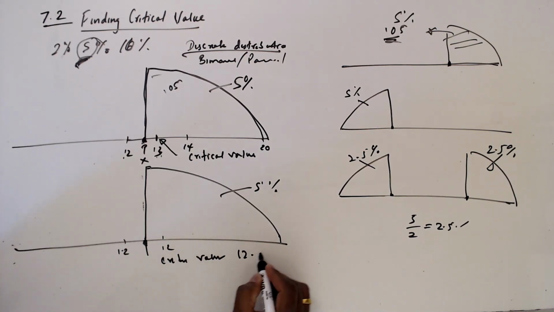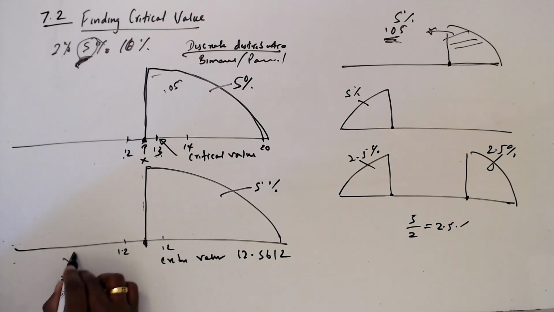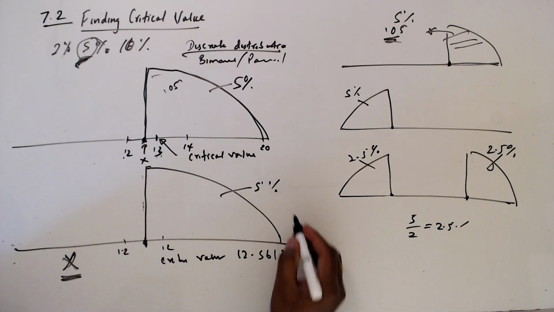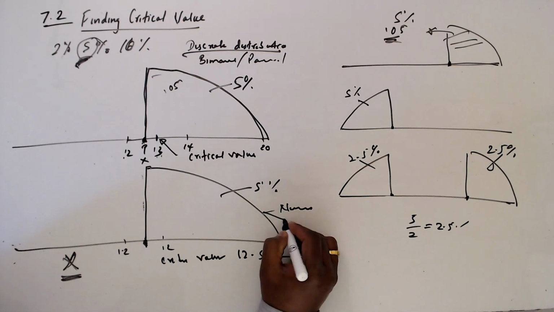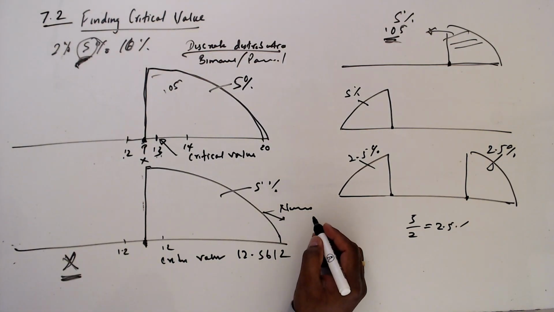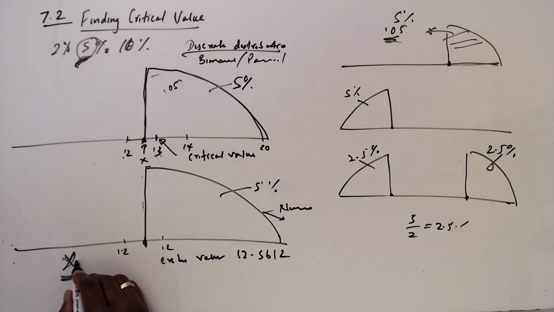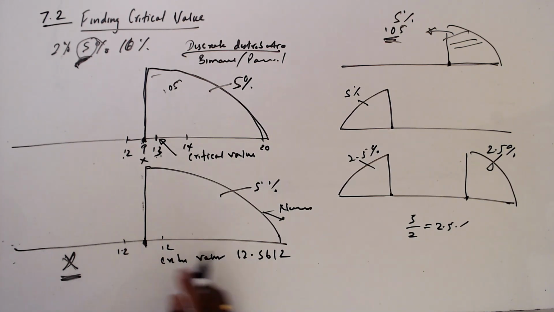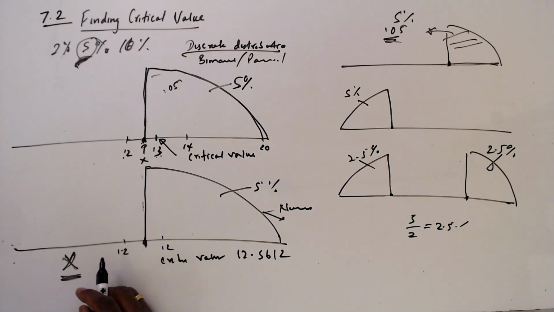So it is 12 point, let's say 5612. So we can take that as the value, because this value is allowed by the variable, because this variable is continuous. So normal distribution, then beta, alpha, gamma. Examples of continuous variables are height or weight, anything you can measure with a continuous scale.